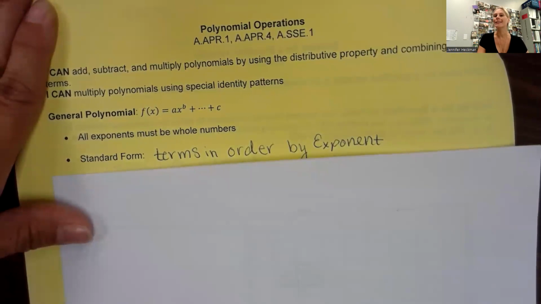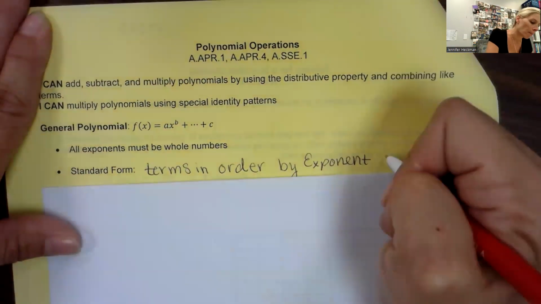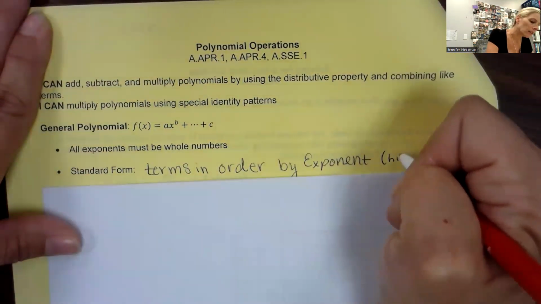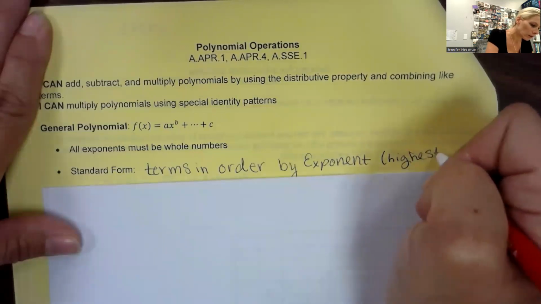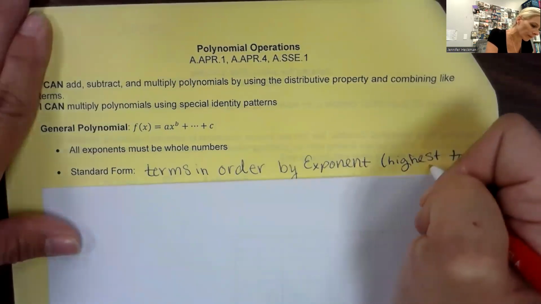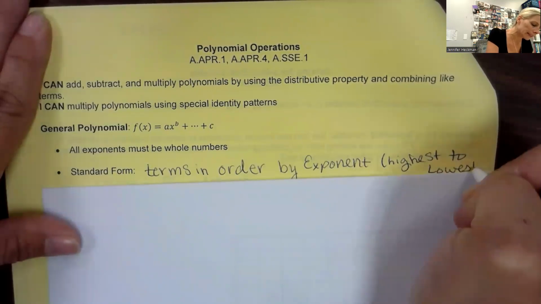So anytime it's asked about standard form, what it means is each term is put in order by exponent. And specifically the exponent, you would go from highest to lowest. Okay, so that's what it means by standard form.